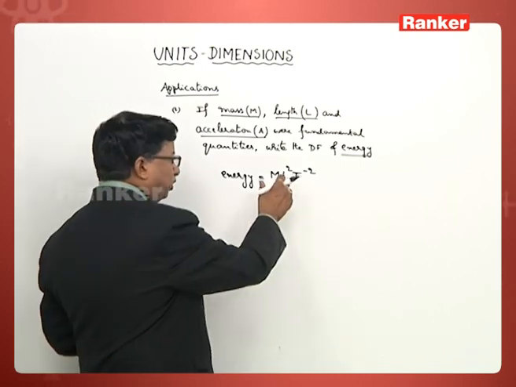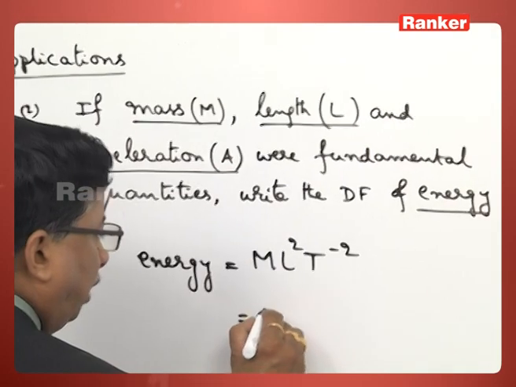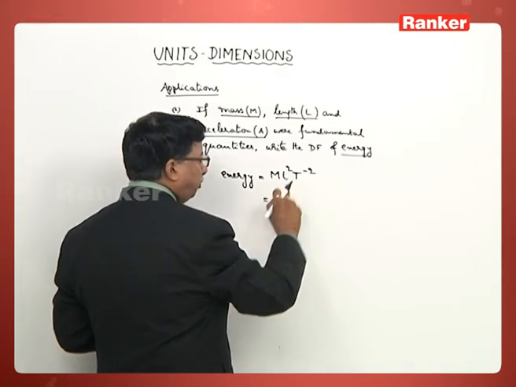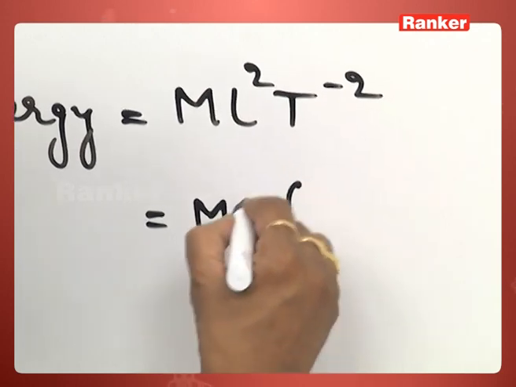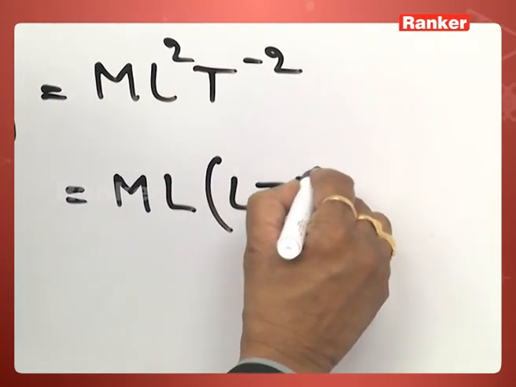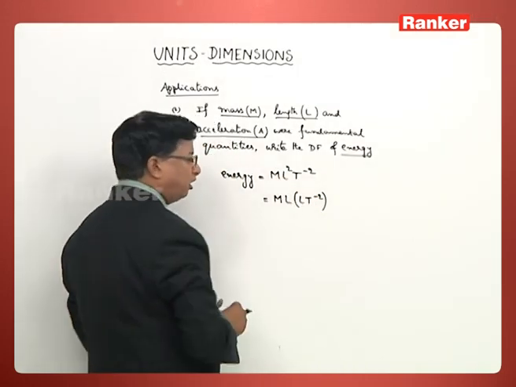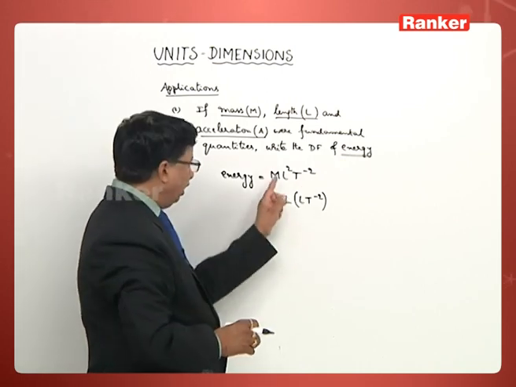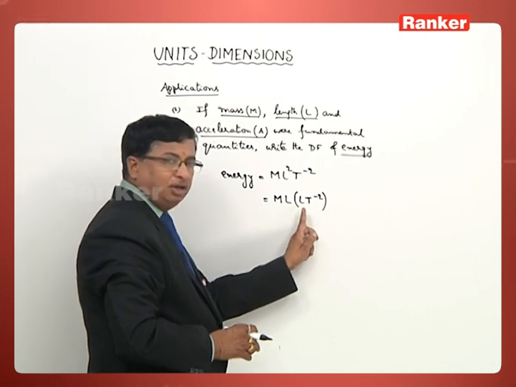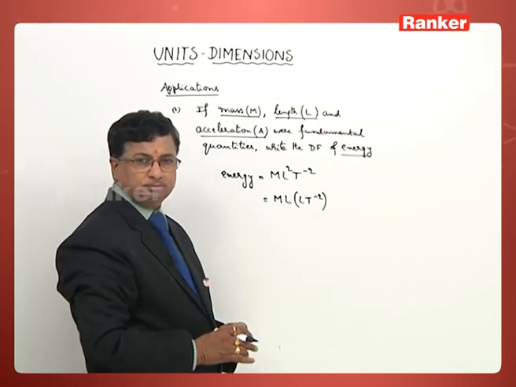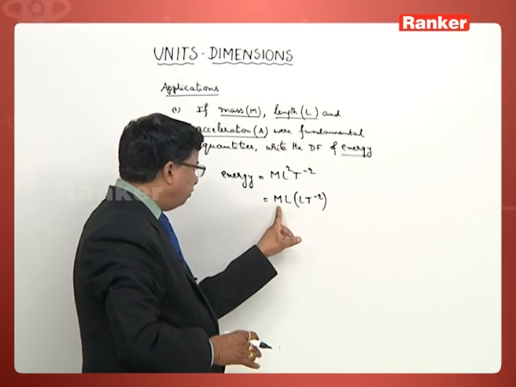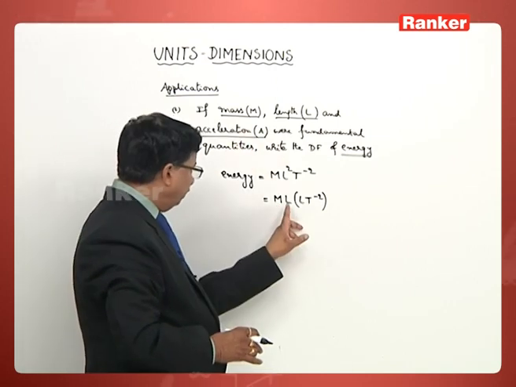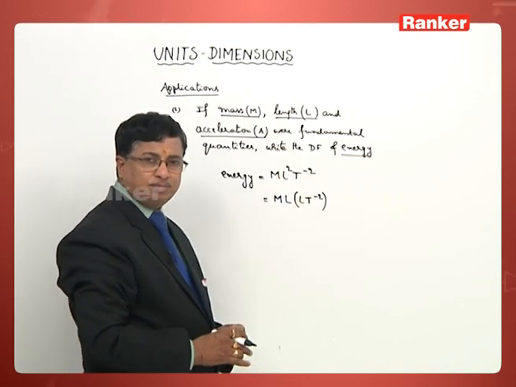For example, if you look at here, I write this M as it is. This L square T power minus 2, I can write as L into L T power minus 2. Now, just look at here, M, is it not mass that is mentioned there? L, is it not length?